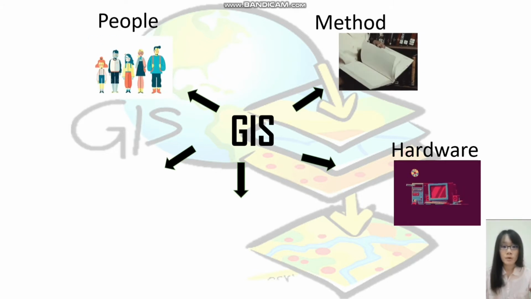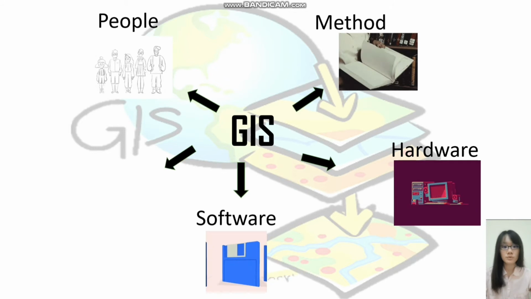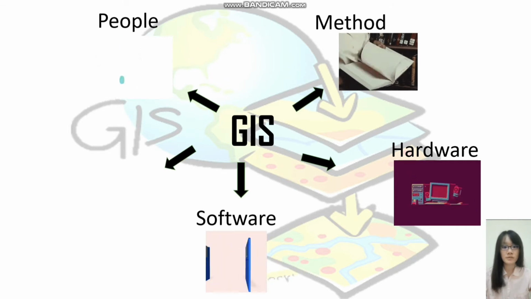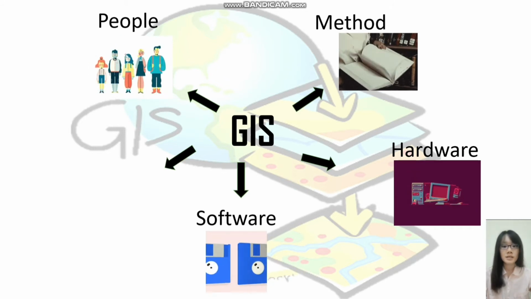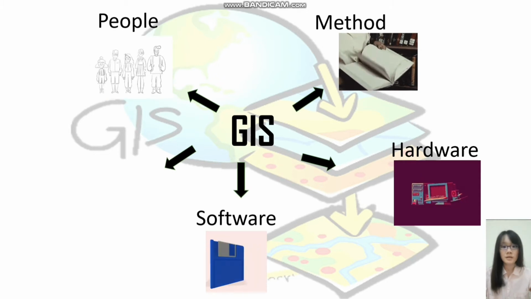The computer may operate in isolation or in a network configuration. Next is software. GIS software provides the functions and tools users need to store, analyze, and display geographical information. The key software components are GIS software and database software.